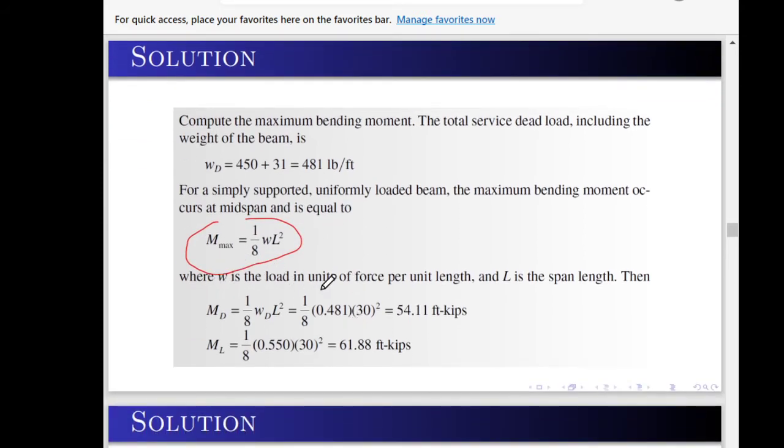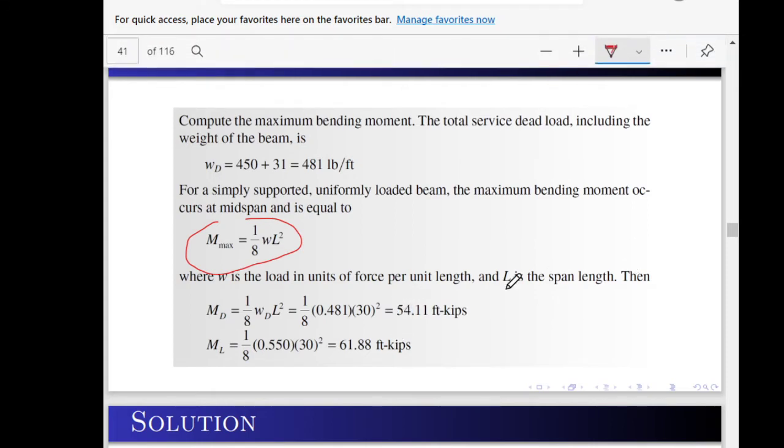Then compute, where W is the load in units of force per unit length and L is the span length. The moment for dead load is 1/8 times 0.481 times 30 squared, because this is in kilopounds so you divide by 1000.